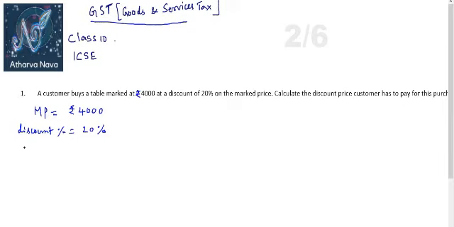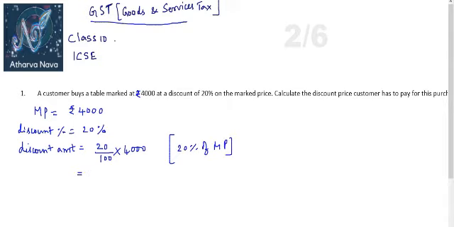So what will be the discount amount? Take the percentage, 20% of 4,000. It's 20% of MP, correct?